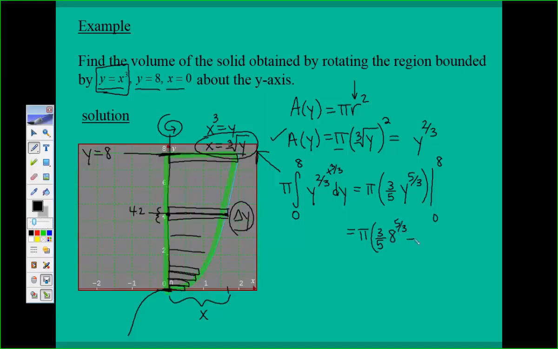Then 8 to the 5/3 minus 0 to the 5/3. This term goes to 0. And here, the cube root of 8 is 2. 2 to the 5th is 32. So we would have 32 times 3 times our pi all over 5 units cubed.